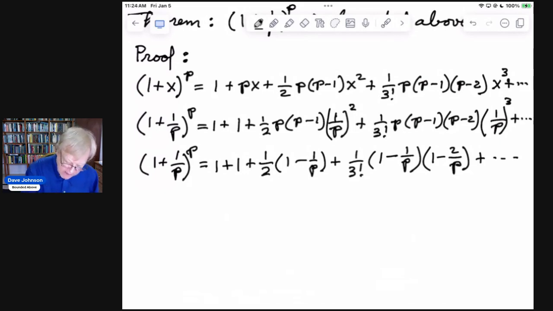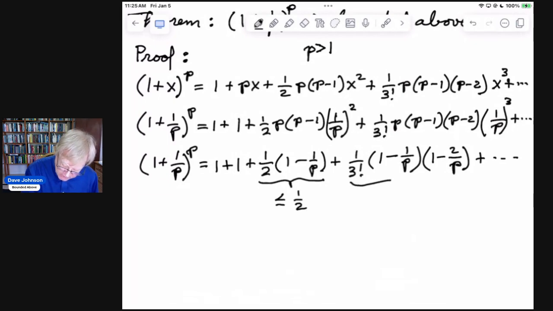Okay. Now, this is where we're going to start replacing things with inequalities. And we have to be careful when we do this. So p is greater than 1. I probably should say that here. And in particular, p is greater than 0, but we already knew that. And so this term is going to be less than or equal to 1/2.